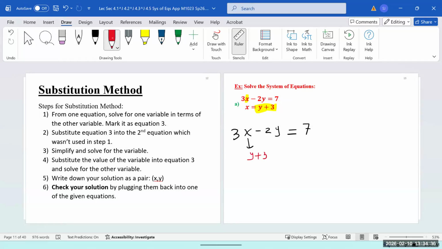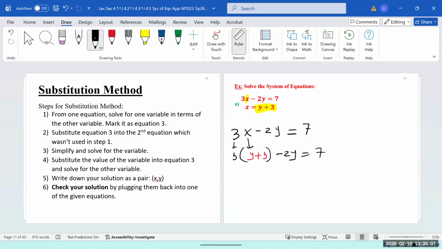But keep everything else same. So we have 3 in the beginning with a multiplication, minus 2y on the right side equals 7. So replace this x with the entire y plus 3, and that's why this method is called substitution. You substituted one variable with another variable.